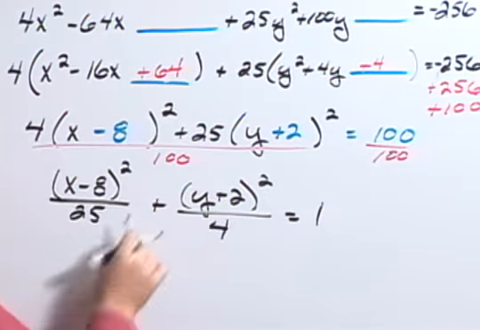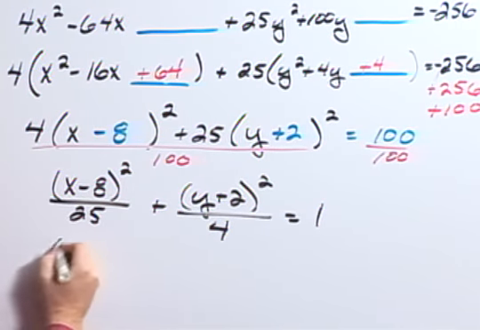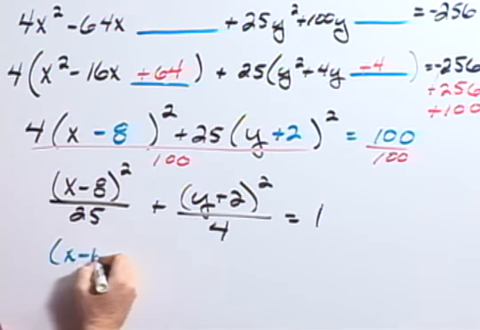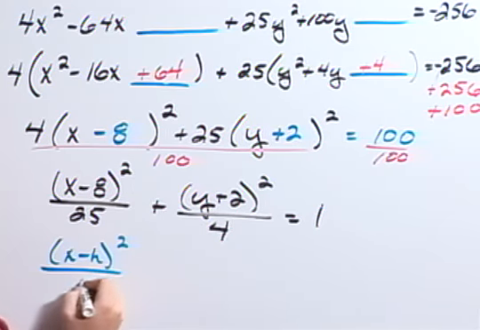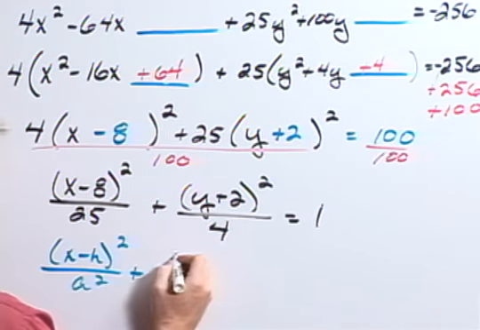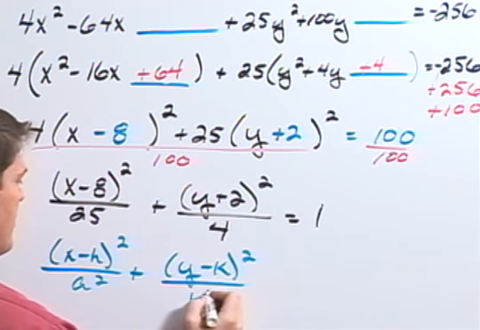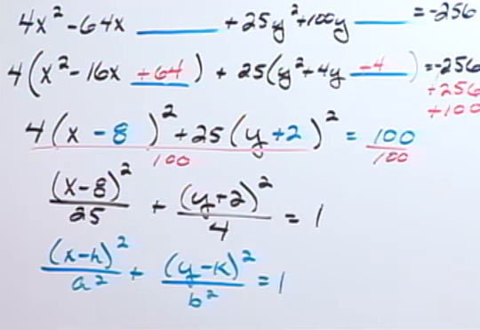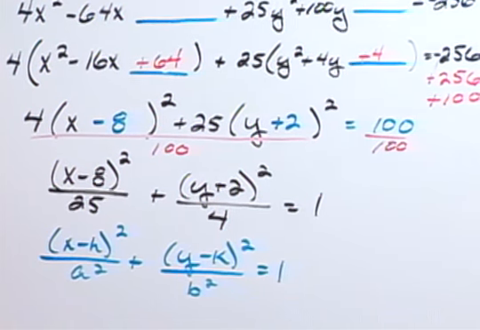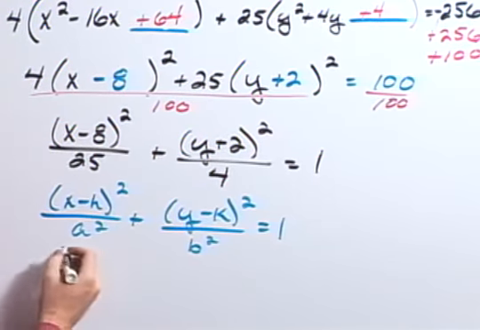Now we have it in our standard ellipse form, that of x minus h quantity squared over a squared plus y minus k squared over b squared equals 1. So now it's just a matter of identifying our different variables.